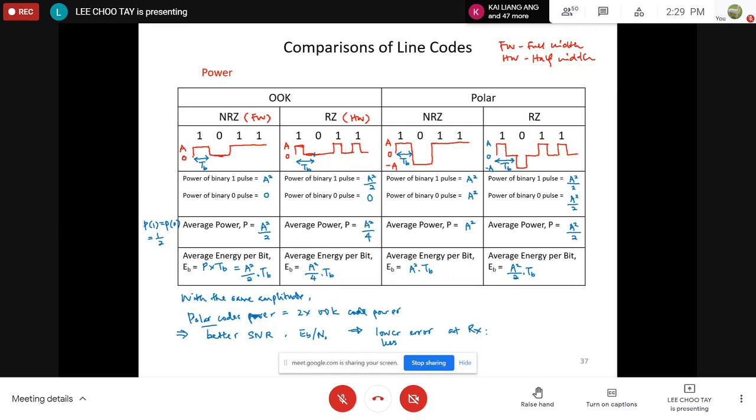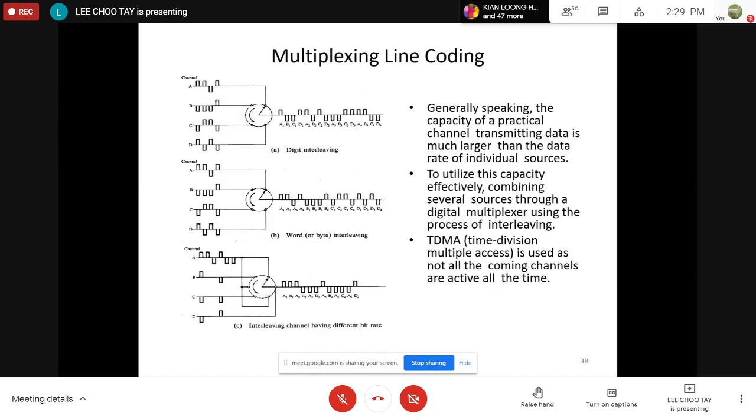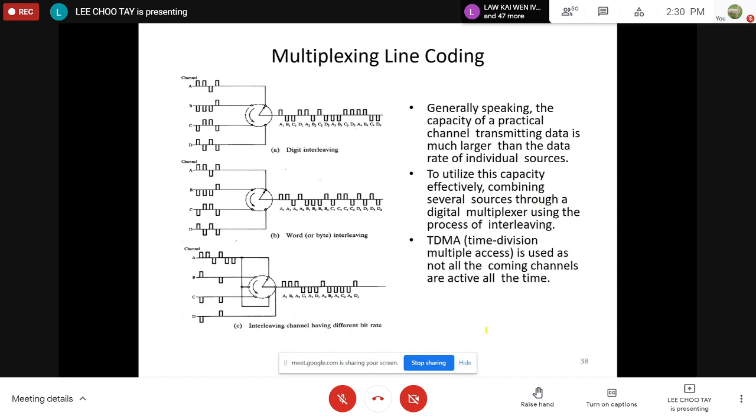Let's move on to the next slide. This slide shows how we can multiplex the line codes from different sources. A lot of times, the capacity of a channel, in this case your cable, for transmitting data is always larger than the data rate of the individual sources.